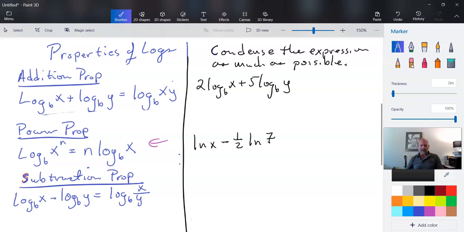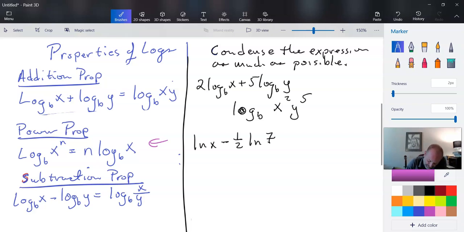Okay, I'm assuming you've paused at this point. So here we have log base b. I don't have any negative terms, so I don't have a fraction. So we just need to put these things together. This would be x squared, and then over here, this would be y to the 5th.